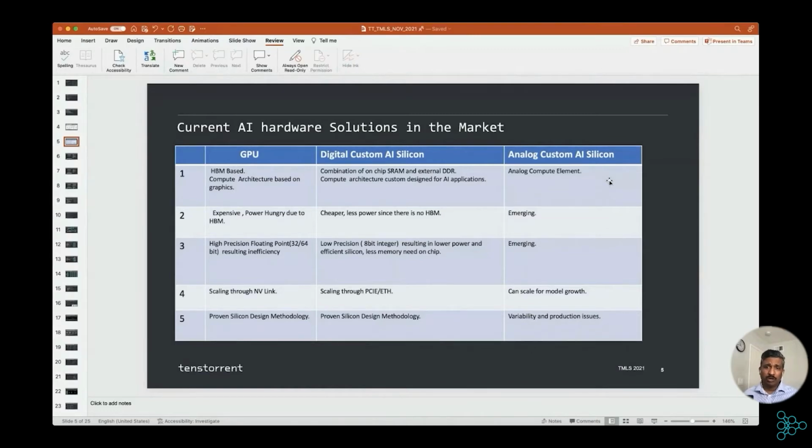The analog custom folks feel the model growth can probably be handled because they are trying to build a smaller design. But just to contrast analog and digital designs: GPUs and custom AI silicon solutions are really proven silicon design methodology, while analog is just getting revived, and it has its own challenges of variability, and getting it mass produced might not be very straightforward.